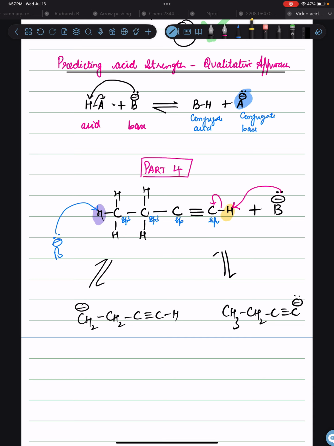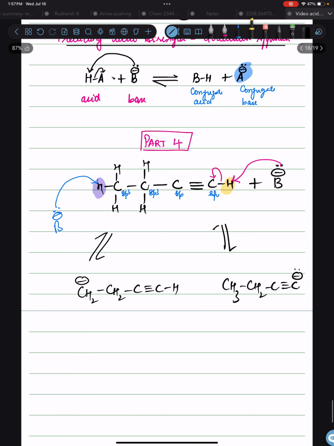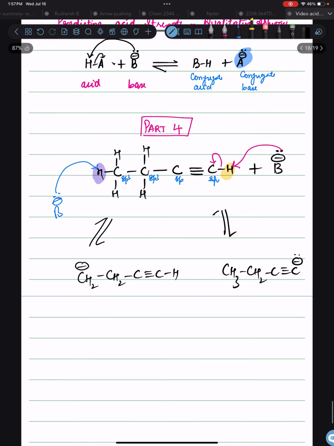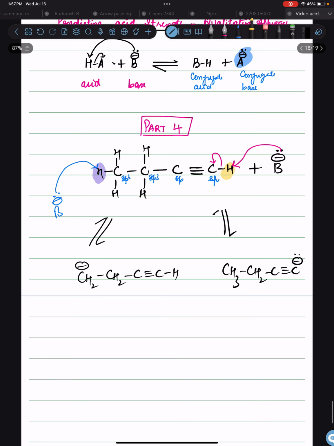That can be answered if we look into the state of hybridization of the carbons bearing those protons or hydrogens.